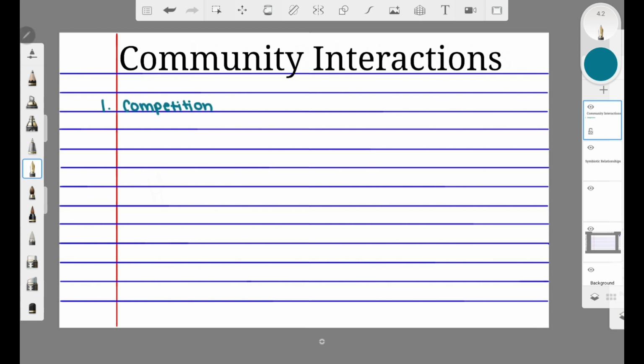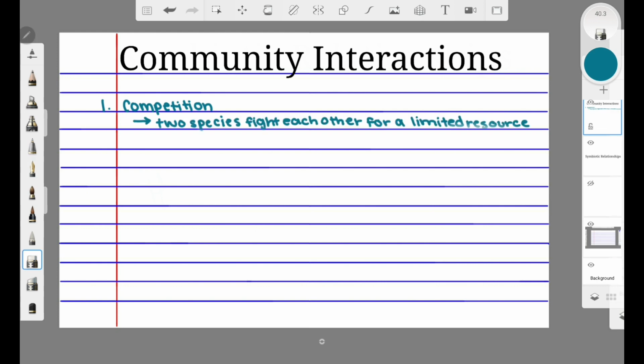The first one that we are going to be talking about is competition. So the basic definition of competition is when two species have to fight each other for a limited resource.